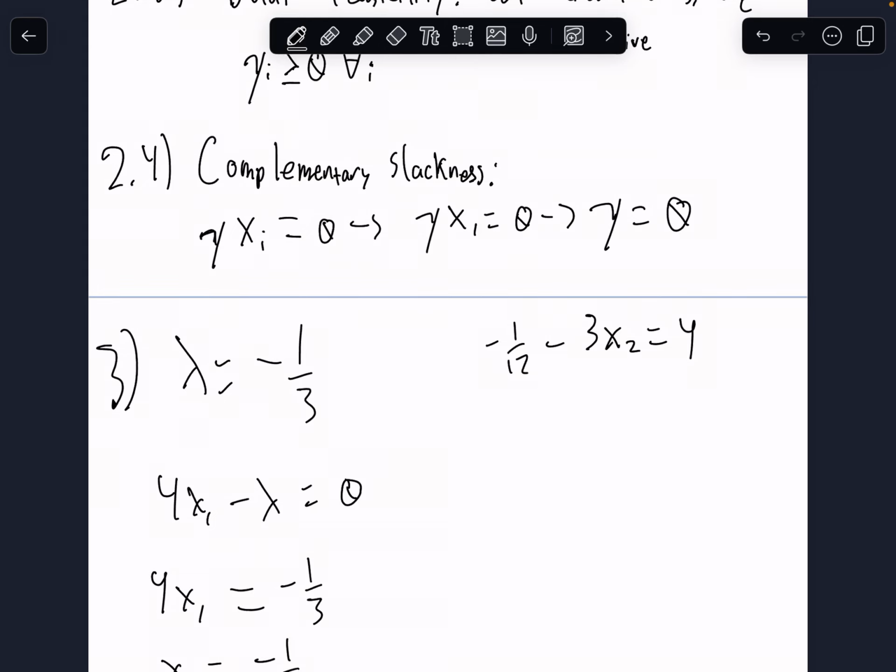So what we can do here is add. So negative 3x2 equals 4 plus 1/12, so this is 49/12. And then we divide by negative 3, so x2 equals negative 49/36.